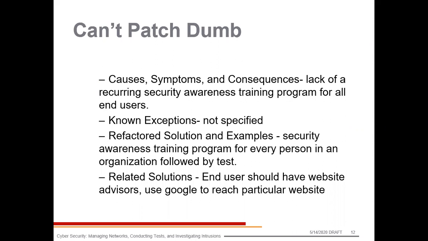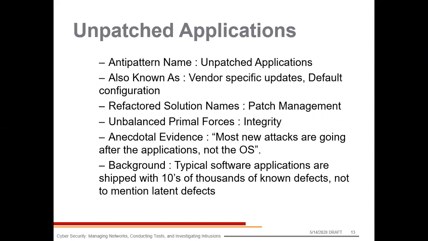You have to train them properly. The second is unpatched application. People around the world are releasing software with defects, and later they say for this defect, this is the patch, which gives a clue to the attackers. So that is the bad practice. What is the good practice? Having a data center, a patch management tool, or automatic update will be the solution for that.